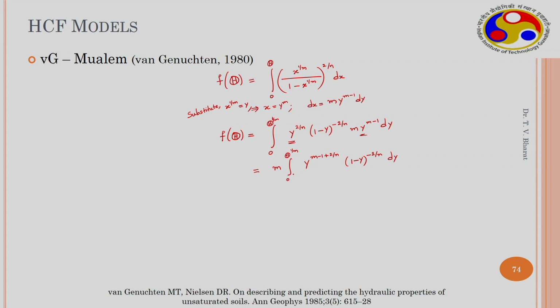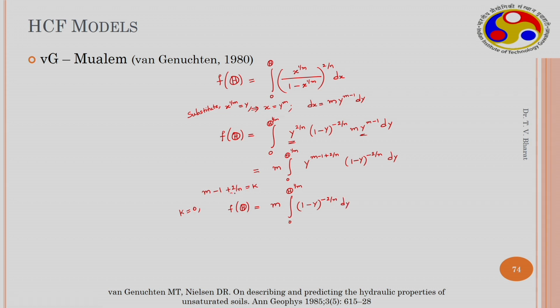Again, this is a general expression and this is an incomplete beta function. So, Van Genuchten felt that there is no analytical solution, so he derives particular solutions by assuming m minus 1 plus 2 by n is equal to k. One particular solution, when k equals 0, is f of theta equals m times the integral from 0 to theta power 1 by m of 1 minus y power minus 2 by n, dy.